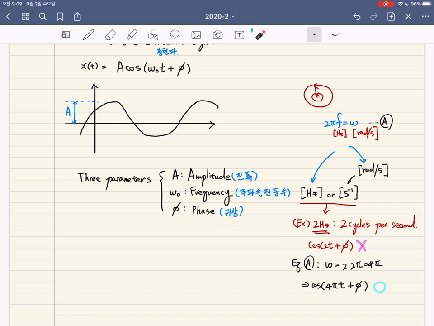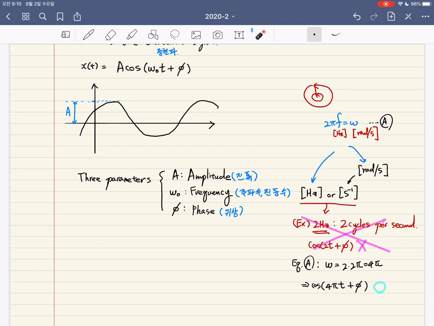Therefore, you cannot just bring 2 into the omega, but you have to change its unit into the radian per second by using this equation A. So this is not true, a common mistake, but you have to go like this.